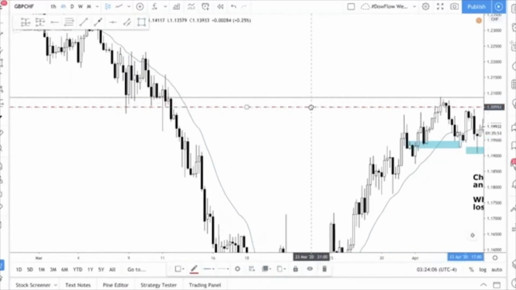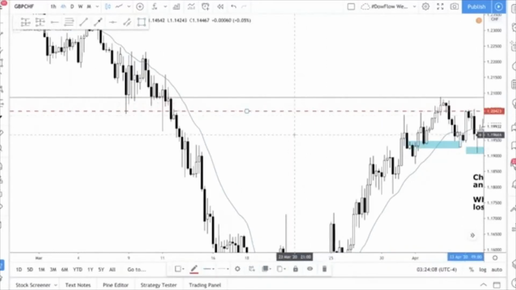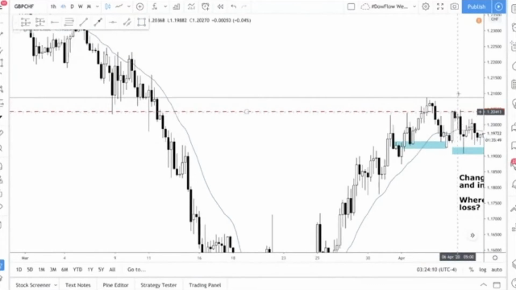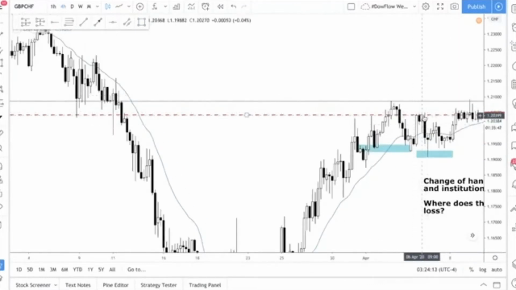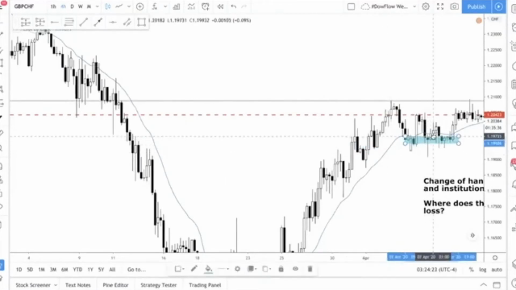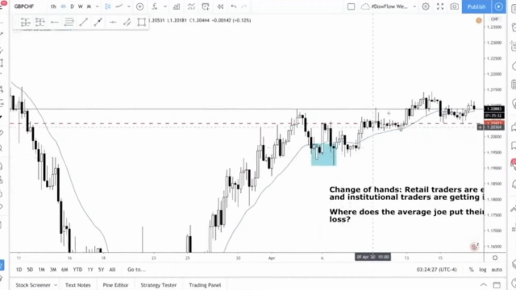Let me just mark it here. Then what happens? Price barely moves in your direction. In fact, you bought at the top, sorry, and price goes down to whip you out. Look at this doji. Look at how dirty the market is. Price goes back down before it starts rallying. You see this pattern.